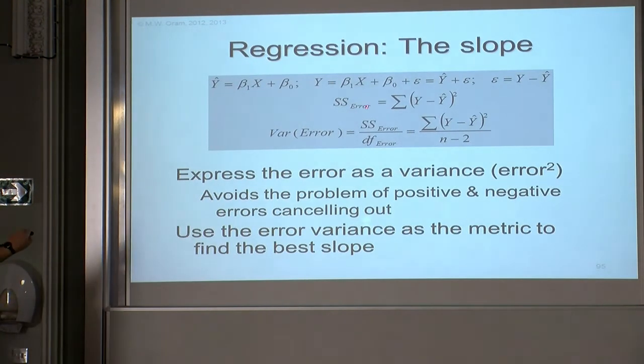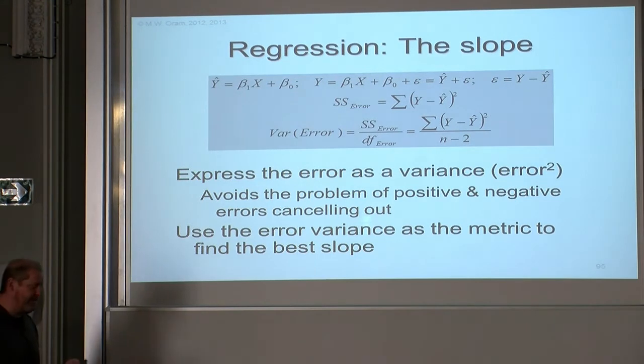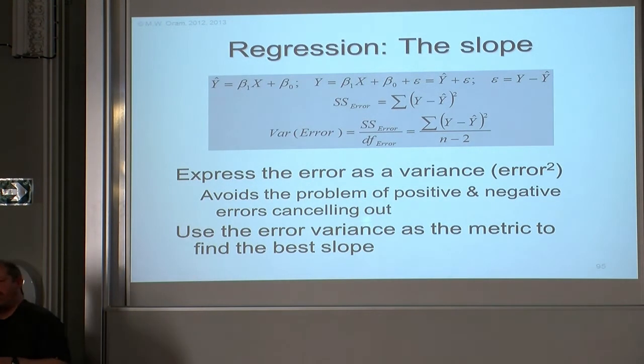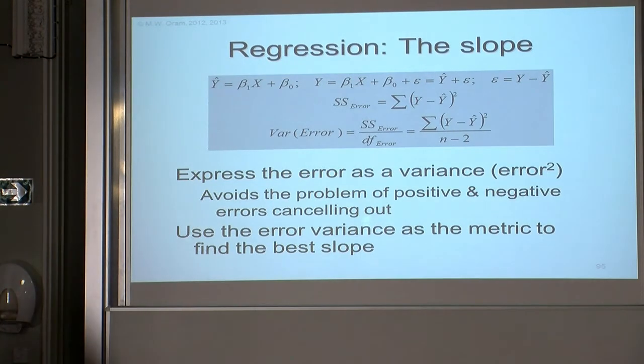We then calculate the sums of squares, the distance from the observed value to the expected value, square it, and divide by the degrees of freedom. So we have a variance as our error term, and we use that error term, that variance, as the metric to say how good the slope is. How well have we fitted it? And what we want to do is make it as small as possible.